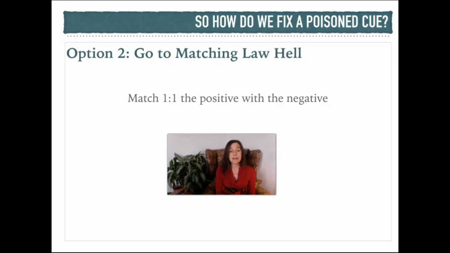So I'm going to say that the 1-to-1 ratio is not going to be sufficiently effective here. If you have 10 repetitions of the poisoned sit cue, you might need 100 positive ones to balance that out to get to the dog feeling neutral about this.